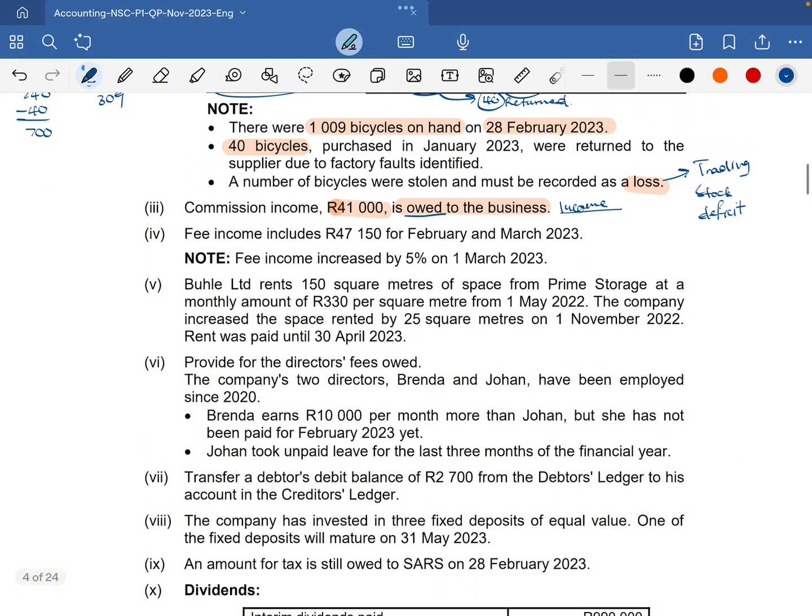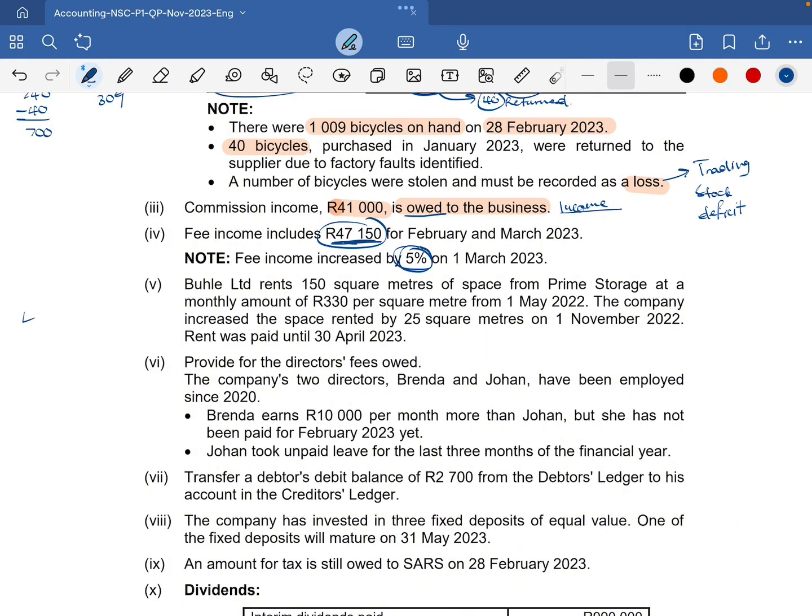Then we're going to look at fee income, which includes 47,150 for February and March 2023. Okay, and then we are supposed to note that the fee income increased by 5% on 1 March 2023. So this is for both months, but this amount includes the increase of 5%. So we are going to say that if it wasn't for the 5%, these 2 months would have had the same fee income being received.